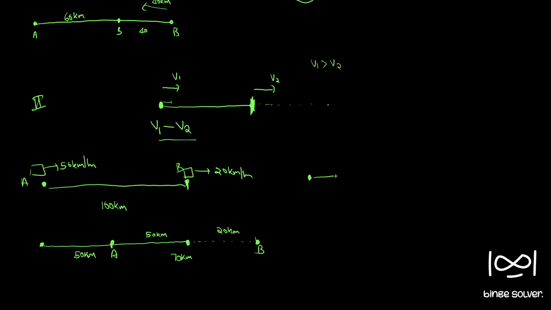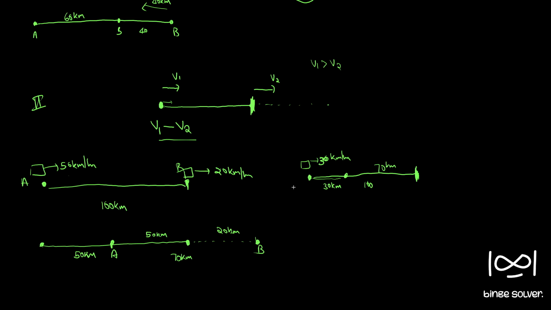So what is that case? This is 100, and we assume that this person is stationary, and this car is moving at a speed of 50 minus 20, 30 km per hour. So after 1 hour, this car travels 30 kilometers and reaches here. And what is the distance between them? 70 kilometers, since the total distance is 100.